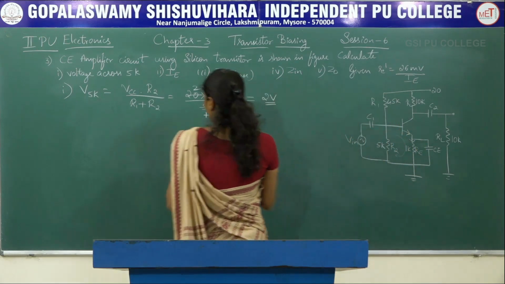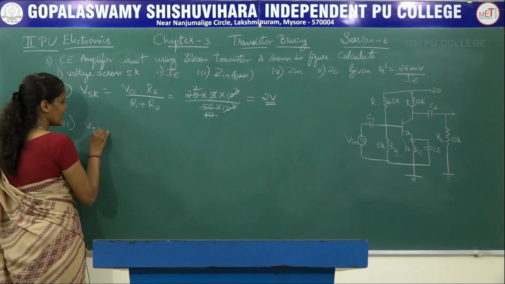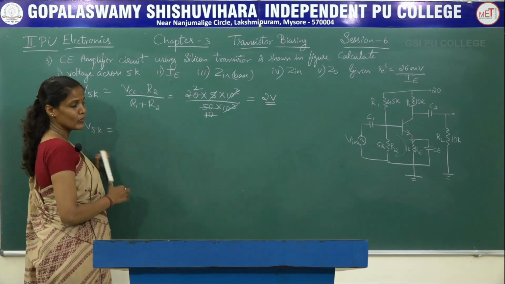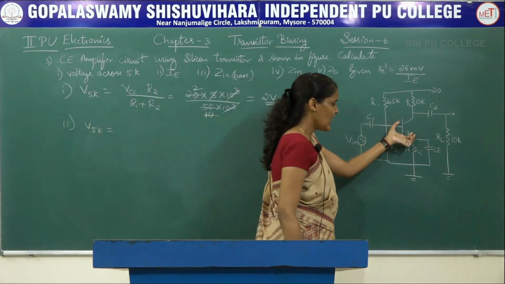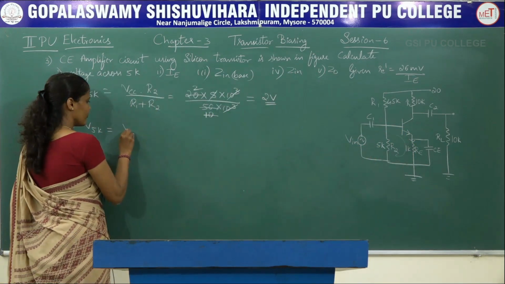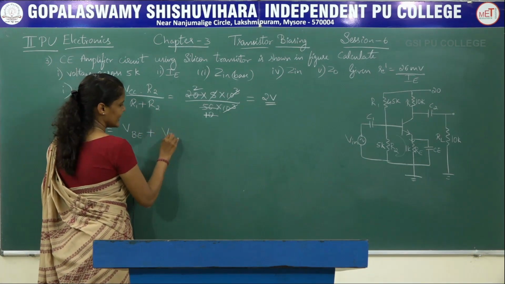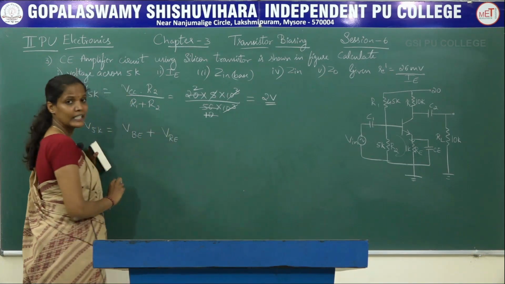So V5K will be equal to the sum of the voltage drop across this junction and the voltage drop across this particular resistor. So VBE plus the voltage drop across the resistor RE.